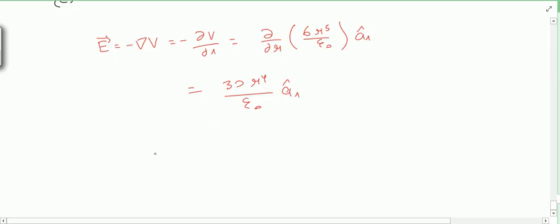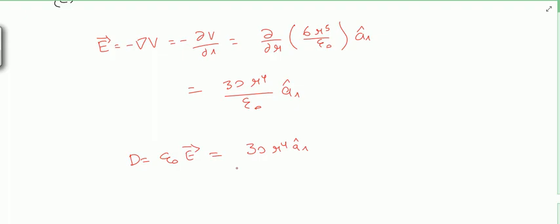Now you have to find the charge. For finding the charge you have to find the displacement flux density, then we will apply Gauss law and find the charge. So D will be epsilon naught E, simple. If I multiply this by epsilon naught, it will become 30 r raised to 4 a r cap.